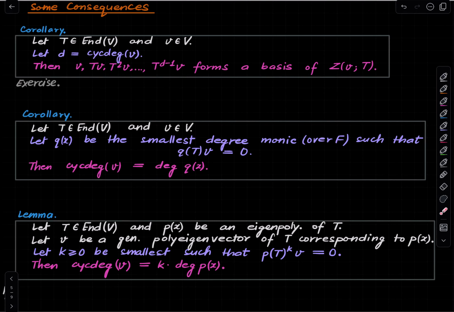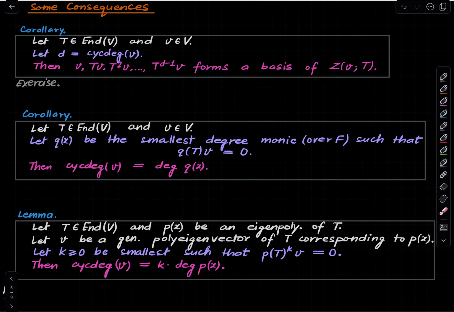Okay. And then again, we have the same setting. And q(x) is the smallest degree monic polynomial over the base field such that the corresponding endomorphism kills v. And there must exist such a thing because, in particular, the minimal polynomial of T is such a thing.